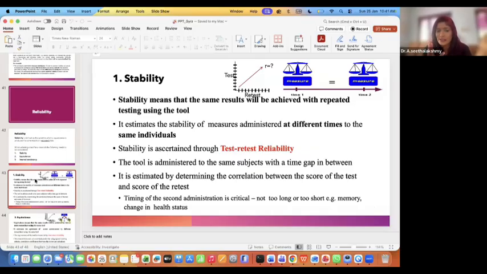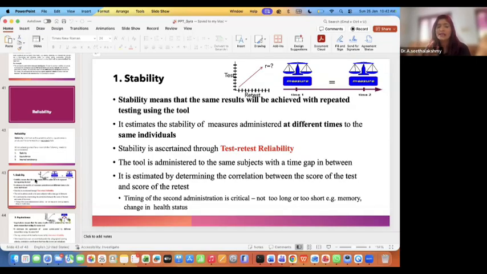Repeated testing using the same tool with the same individuals, the same participants, should give you the same result. Or I don't say the same result, a similar result, not a big gap.